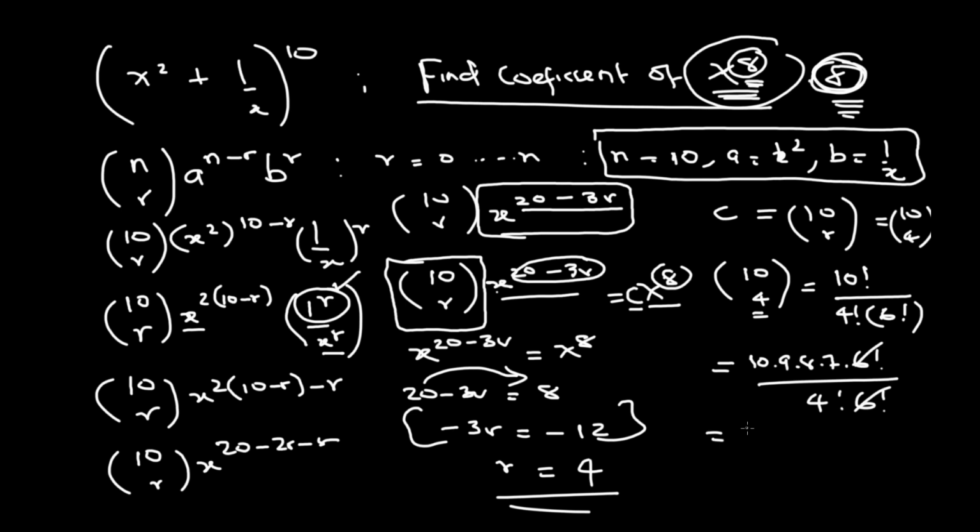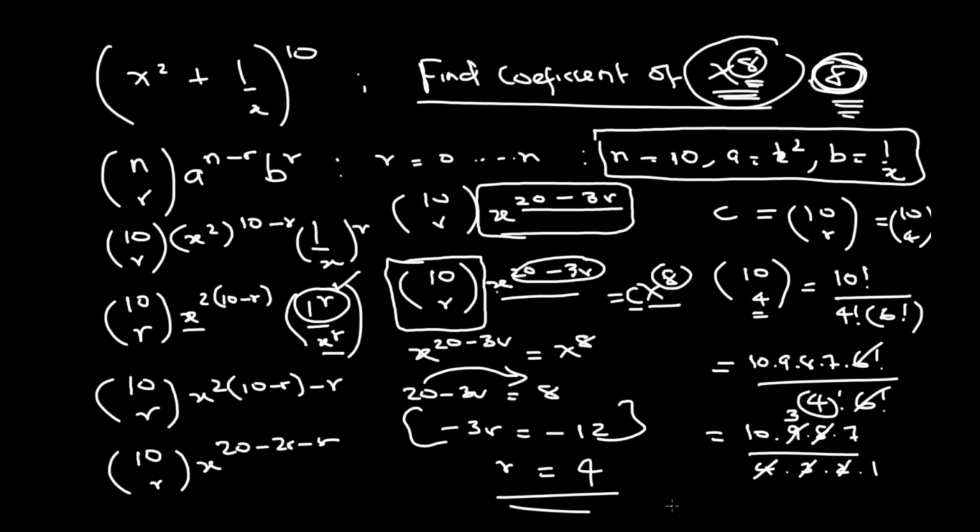Then we have 10 times 9 times 8 times 7, like that. Then we have 4 times 3 times 2 times 1, because that's 4 factorial, right? So we can take care of these two. They get rid of 8. The 3 comes, it gets us a 3 here, right?